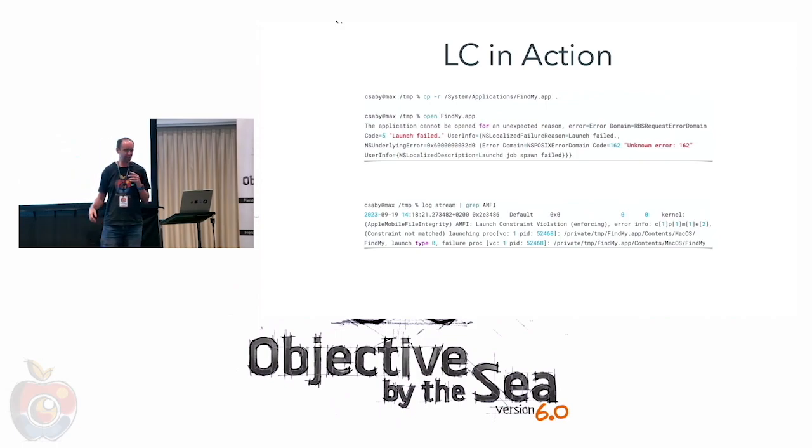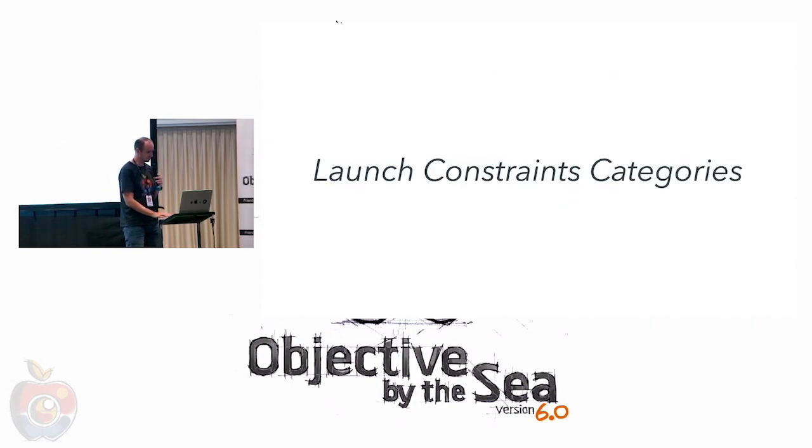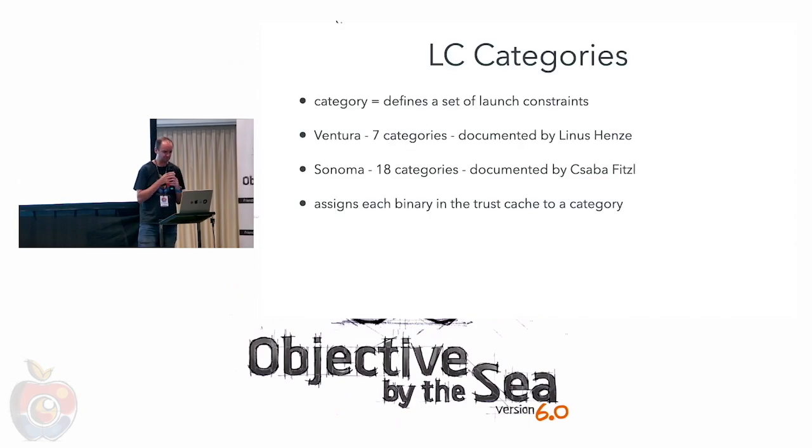But if we check the logs for AMFI, it will actually tell us that it's a launch constraint violation. And when I first saw that, I was like, what the hell is this? So it's launch constraints. Let's go into the launch constraints categories.